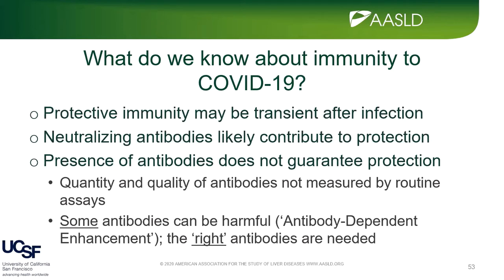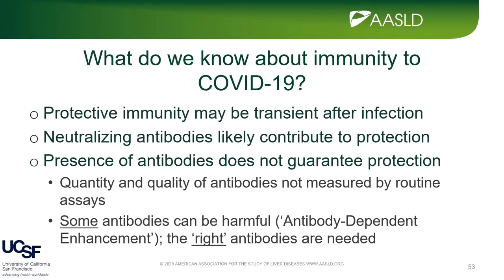And so in the aggregate, there's knowledge that makes us conscious that protective immunity might actually only be transient after infection. In other words, we know from those experiences, and also from experience with the coronaviruses that cause fairly benign upper respiratory tract infections, that within a year of infection, the antibody levels, at least, including neutralizing antibodies, which we'll detail in the next slide, can wane possibly to the level of not being protective anymore.